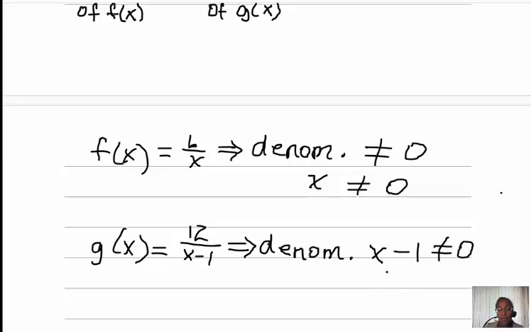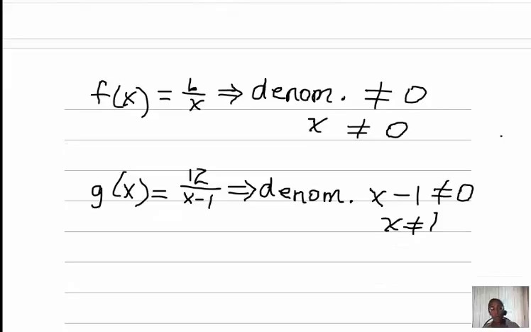Well, what does that mean? That means x can't be 1. So f of x will only make sense if my x is some number that's not 0. G of x will only make sense if my x is some number that's not 1.